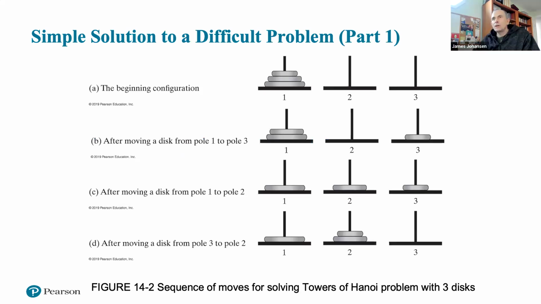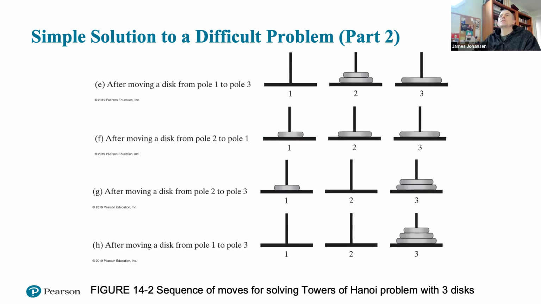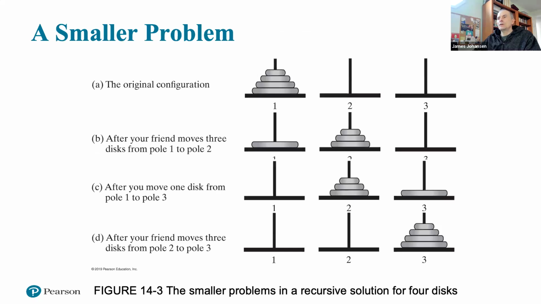So that's something that we can see here. And so here we can see the scenario of how we go about navigating getting things from one to another, within the rules of what's allowed for that type of game. So I'm not going to go through that in detail. Here we see an example with 4.